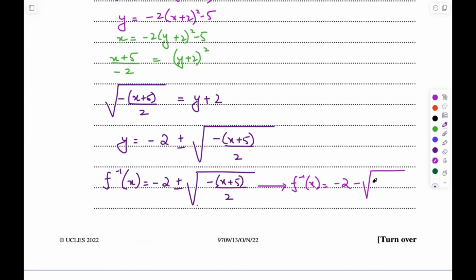So the final answer will have a negative sign, as we have to make sure that the range of f inverse of x must be equal to the domain of f of x, which is x less than minus 3. So f inverse of x must also be less than minus 3.